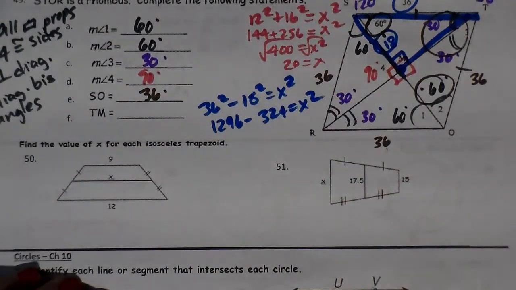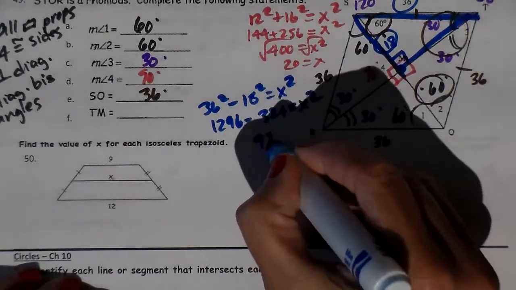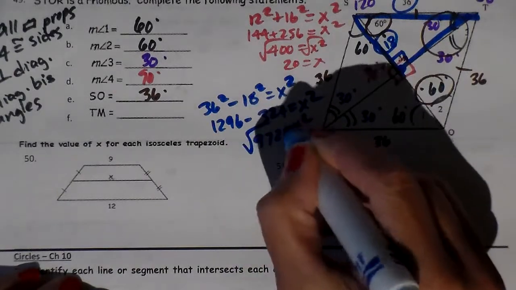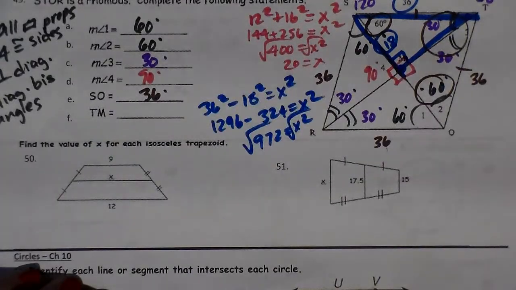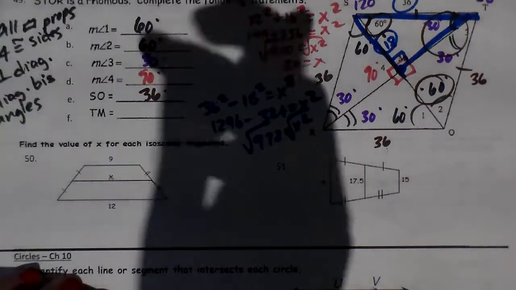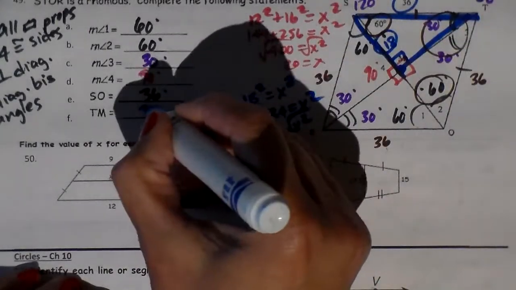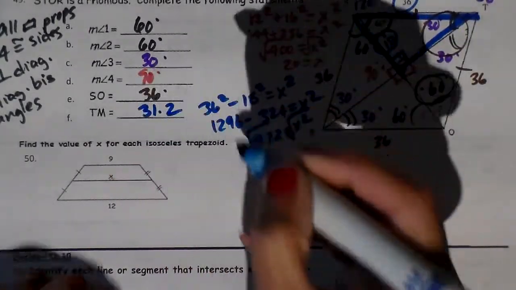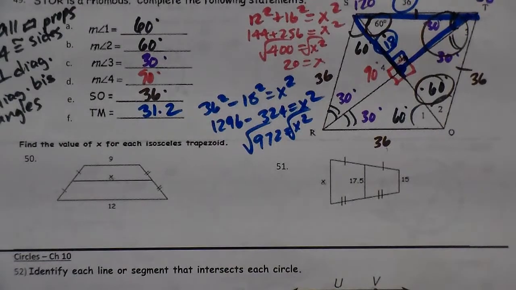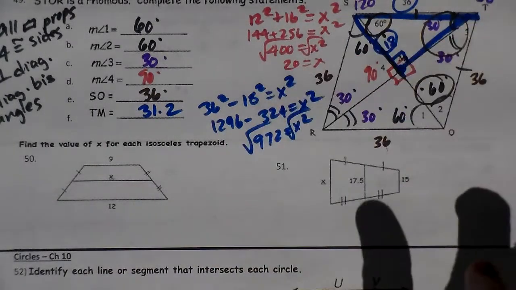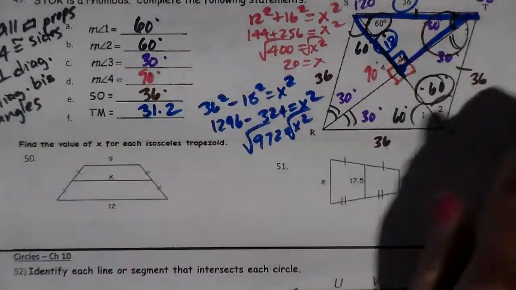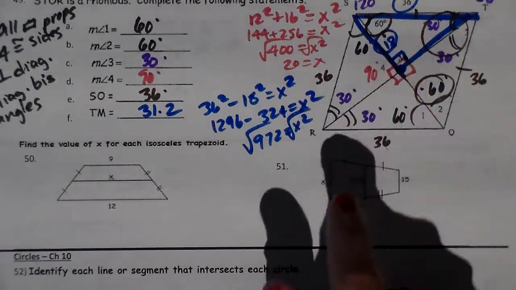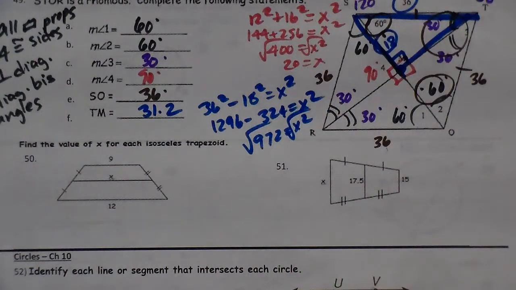So 1296 minus 324 gives the square root of 972. And when you take the square root of 972, you get 31.2. So the answer is 31.2. And again, that's applying the properties of rhombi. The diagonals cut each other in half. The 4 congruent sides, the diagonals are perpendicular, and from there it's just right triangles.